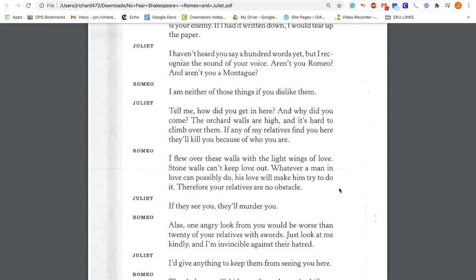Humanism. And then you want to put that Romeo believes that his new love makes him invincible, and there are no obstacles. Okay?